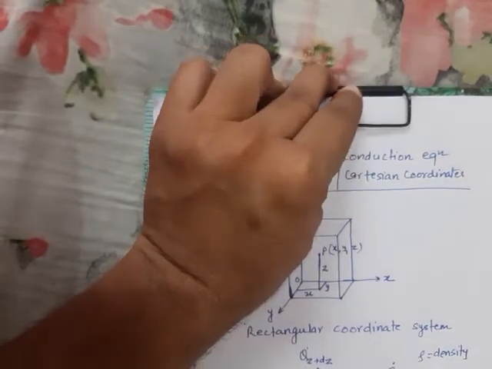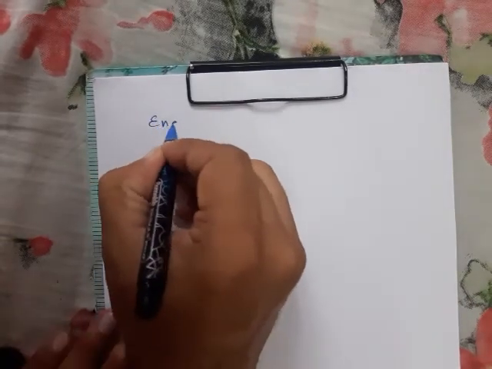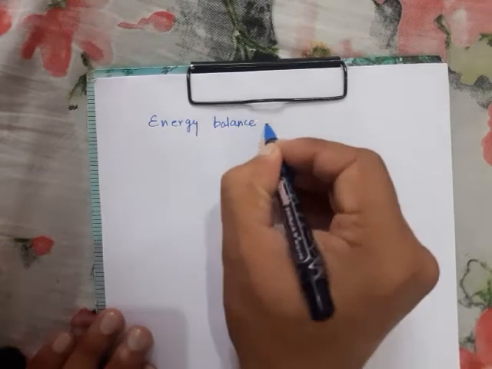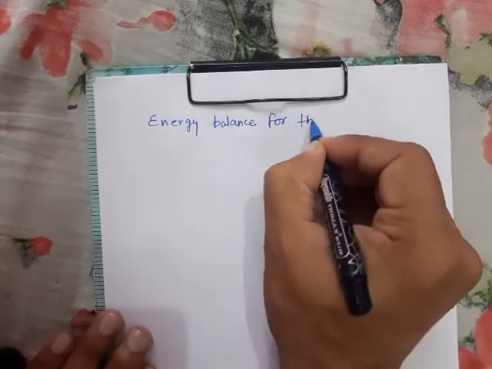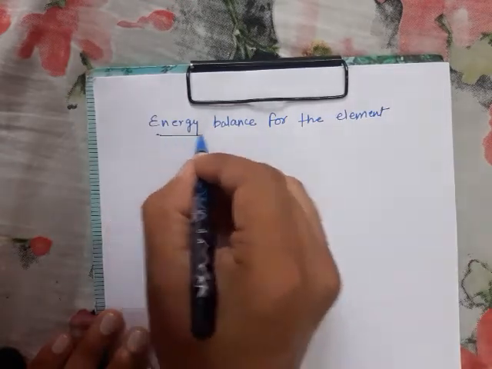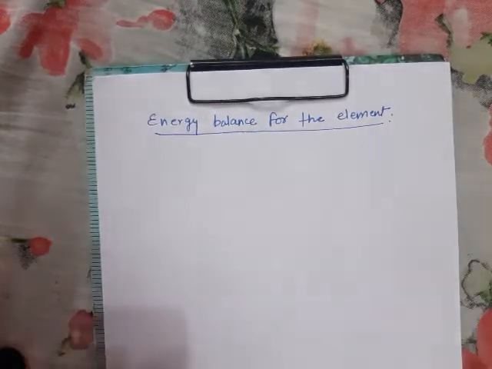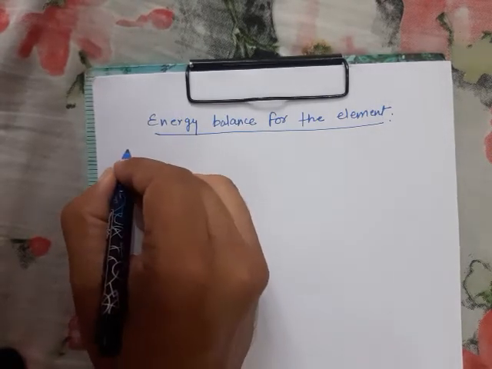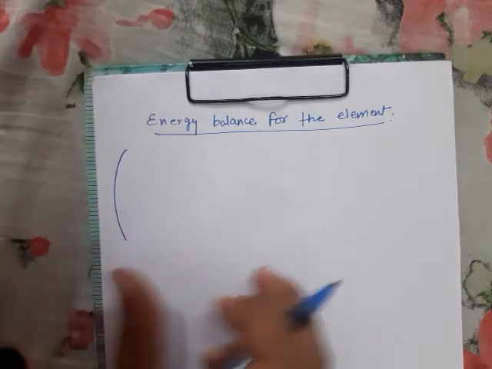Now I am going to balance energy for this element. How can we write an energy balance equation for the element? Energy balance equation for the element can be written as the amount of energy which is coming into the element.